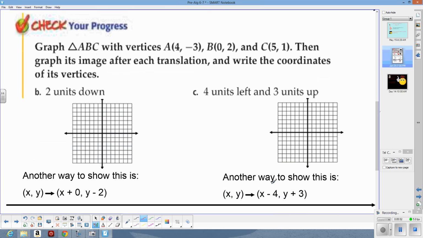Now you may want to pause the video and try the next 2 examples on your own. The first thing we're going to do is graph triangle ABC. So A is at 4, -3, so we're going to go to the right 4 and down 3 and label that A. B is at 0, 2, so we're going to stay there and go up 2.